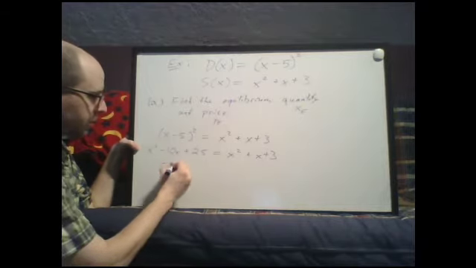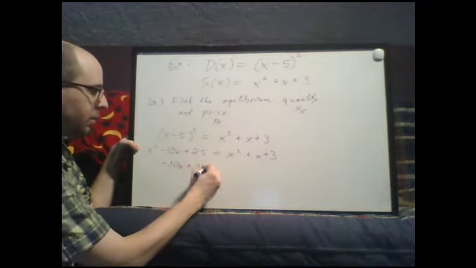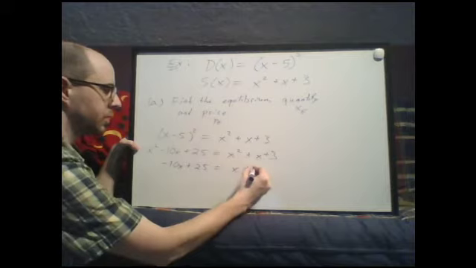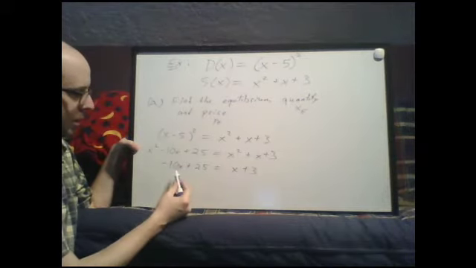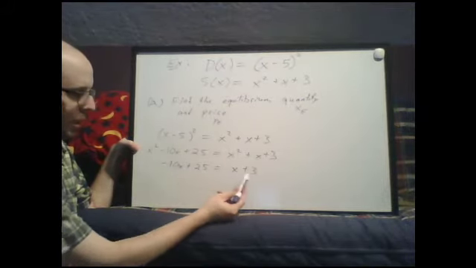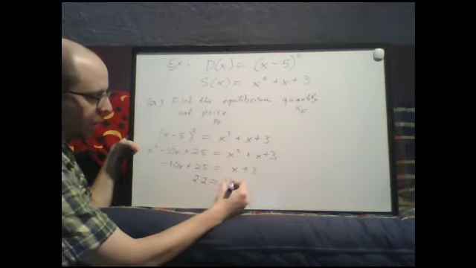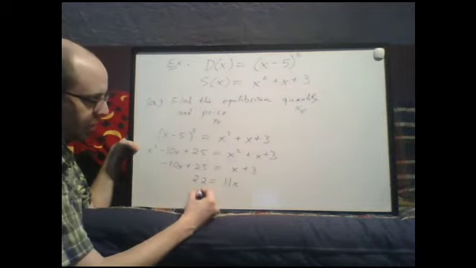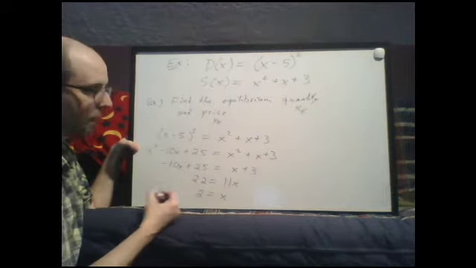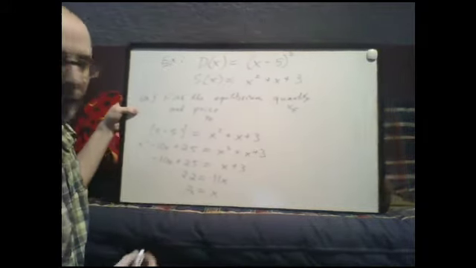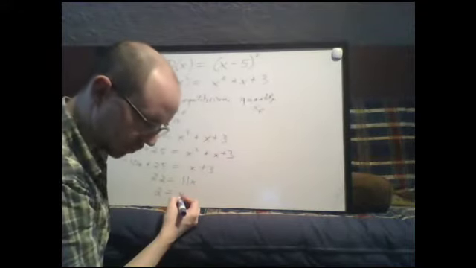So I have negative 10x plus 25 equals x plus 3. Let's add 10x and subtract 3. That'll give me 22 equals 11x. So x equals 2. So x sub e is 2.